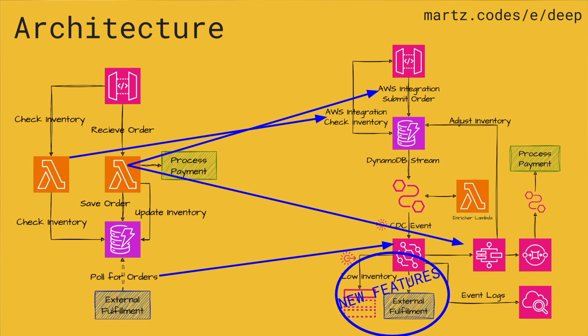We've got some new features here. We've got our low inventory notification that's very easy to implement, and we can build that external fulfillment system based on the event. We've got event logs, and we've got that queue for our payment processing. And while we're at it, we could think about additional events that we could add to this system.